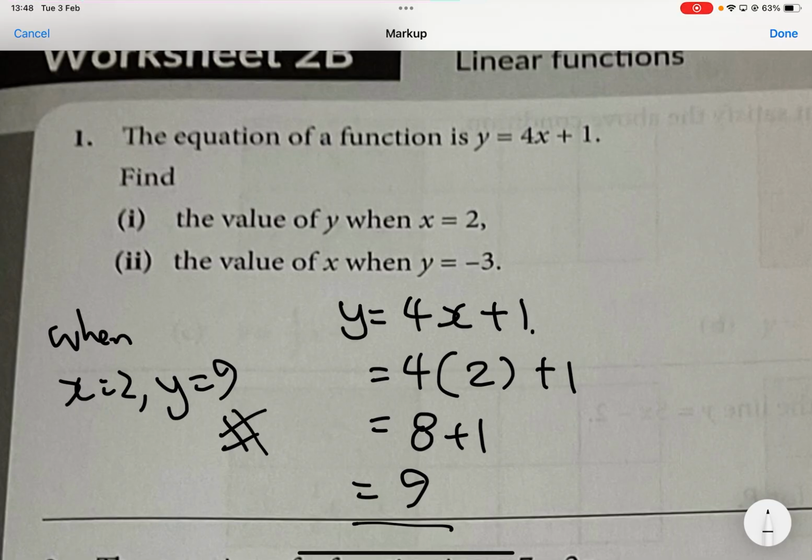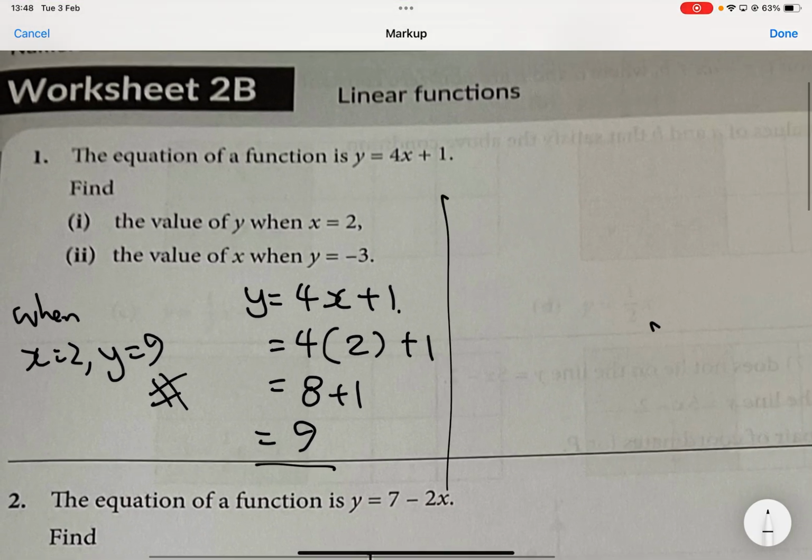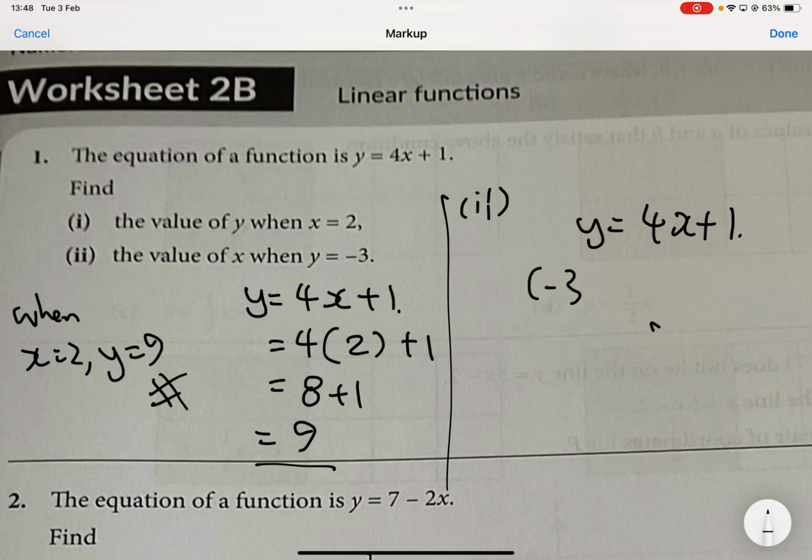The reverse can be found also. What is x when y equals to minus 3? Then we go to the same equation, y equals to 4x plus 1. I want to find the corresponding value of x when y equals to negative 3. Then I go back to the same equation and substitute y as negative 3.